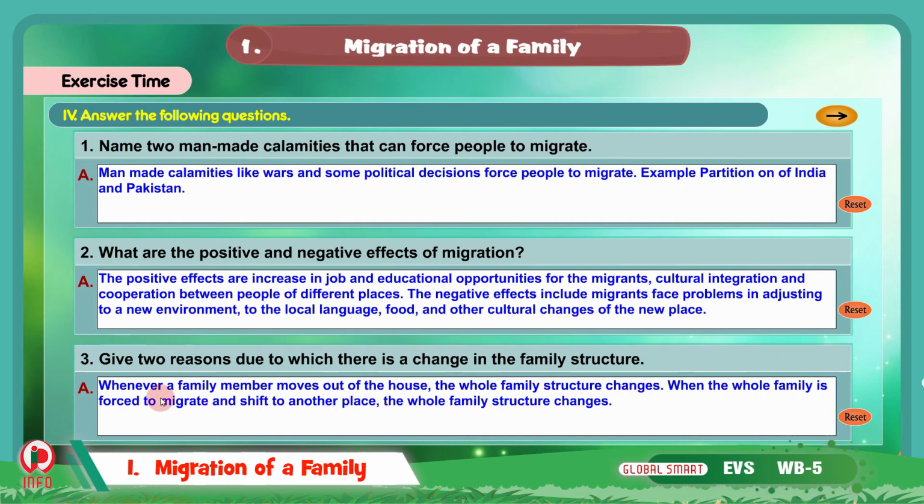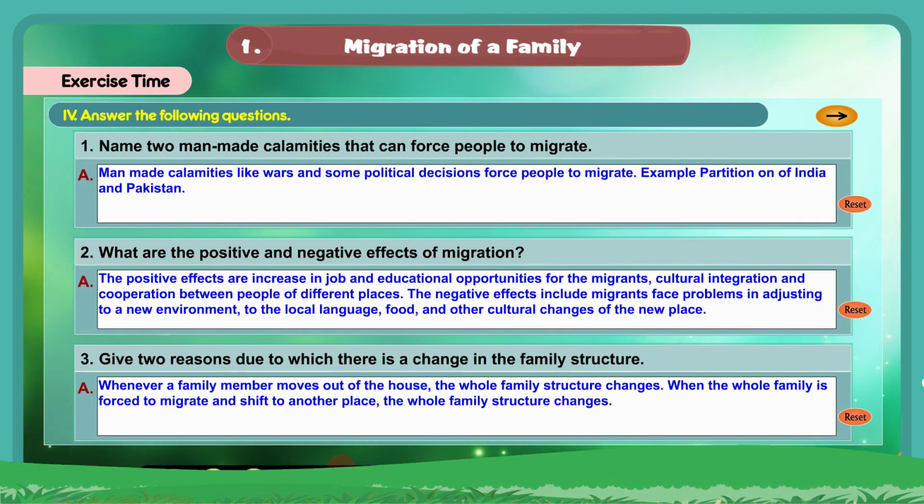When any one member of the family moves out of the house to another place, migrates, the family structure changes. And sometimes when the whole family is forced to migrate and shift to another place, the whole family structure also changes.